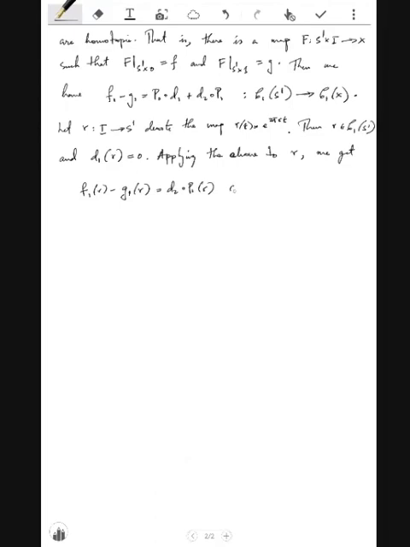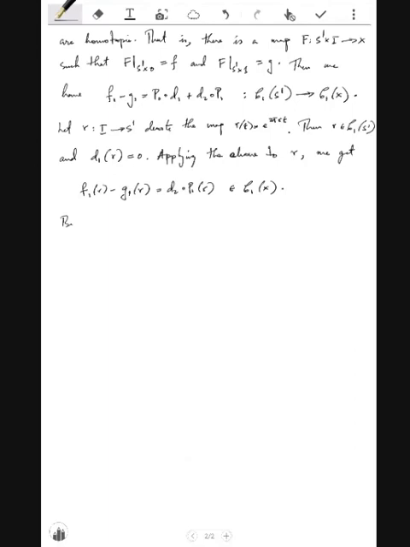Then gamma is an element of C1 of S1 and it's closed. So applying the above equation to gamma, we get f1 of gamma minus g1 of gamma is equal to the boundary of T1 of gamma, and this is in C1 X.